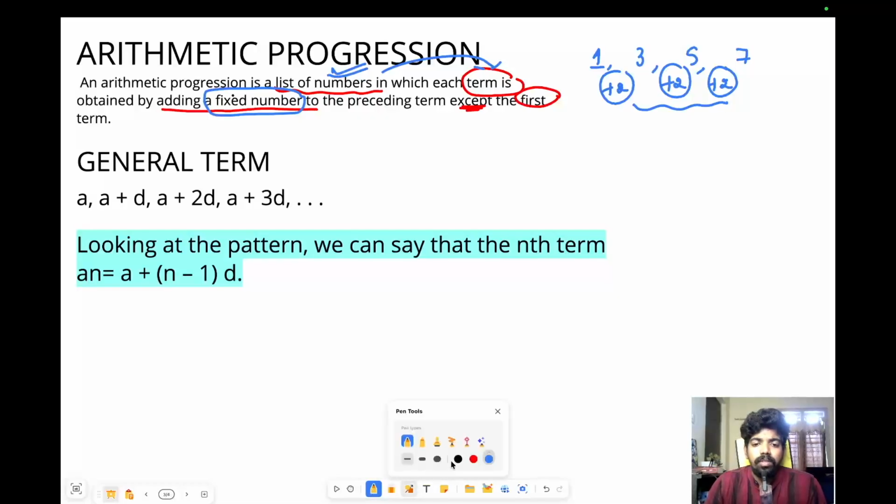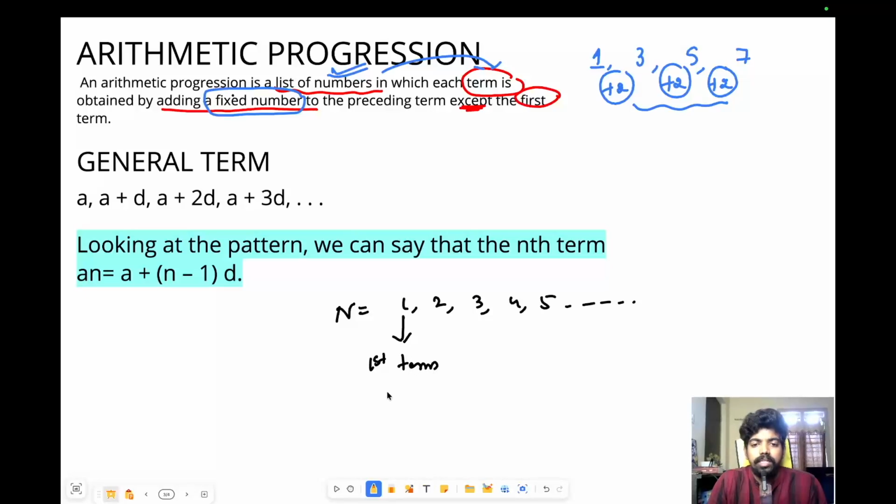Let us take natural numbers only. What will you get? 1, 2, 3, 4, 5, so on. Here the first number we call it as the first term, and it is denoted by a or a1.